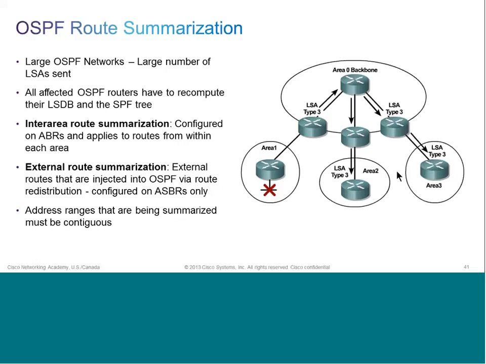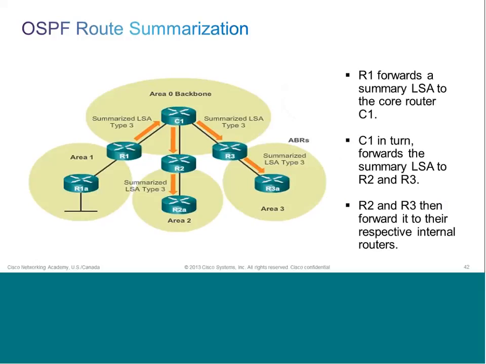So let's take a look at summarization in more detail. In the figure, Router 1 consolidates all of its network advertisements into one summary LSA. So it would take all the route advertisements in here and summarize them, instead of forwarding individual LSAs for each route in Area 1.